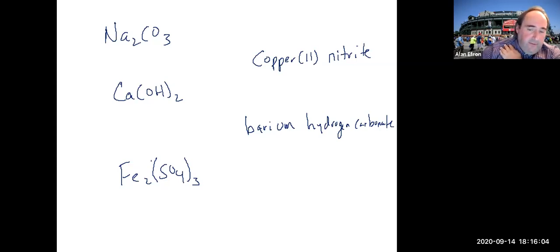It's got copper 2 nitrate, nitrite, I'm sorry, and barium hydrogen carbonate. See what you come up with. Take a couple minutes, see what you come up with.